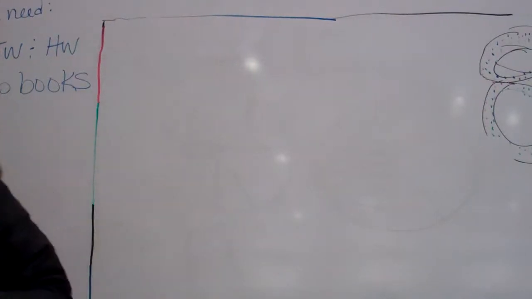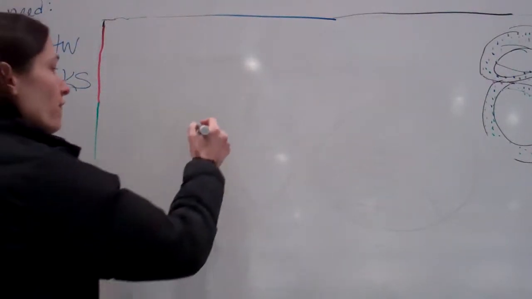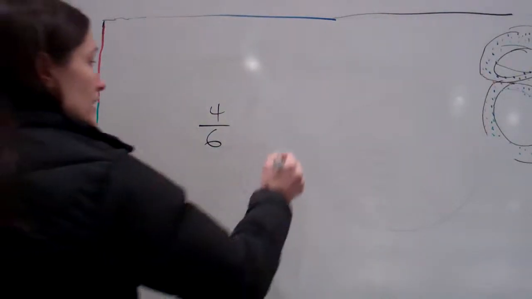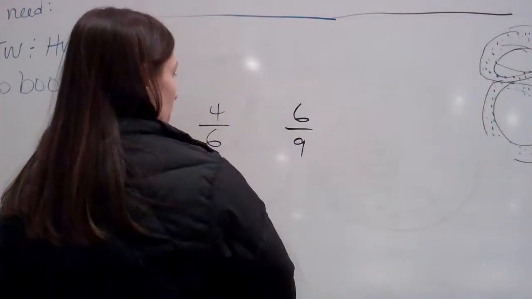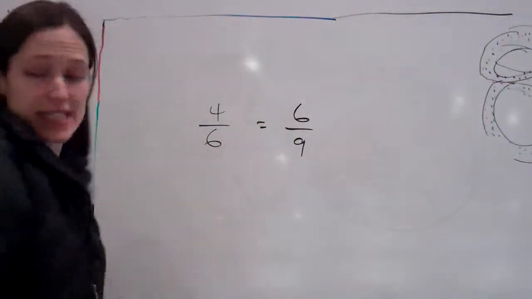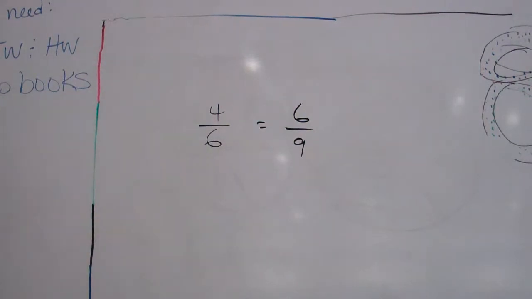So listen to this. Here's what it's saying. 4 is to 6 as 6 is to 9. That's all they wanted you to write. That was the ratio that they wanted you to say.